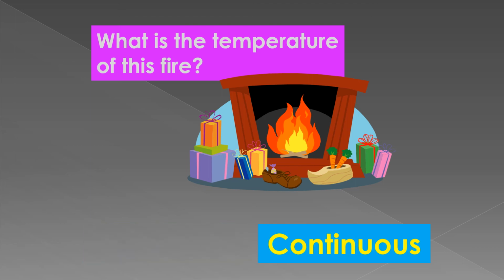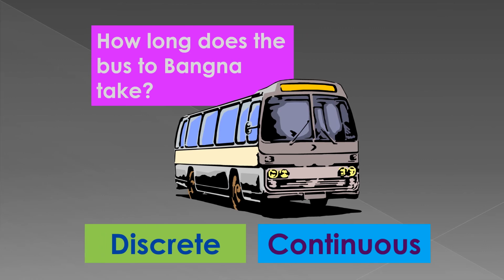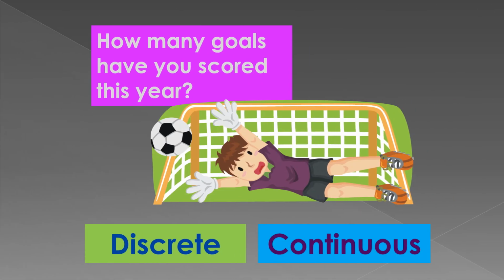It is continuous. How long does the bus to Bangna take? It is continuous. It refers to time. How many goals have you scored this year? Correct, it is discrete.